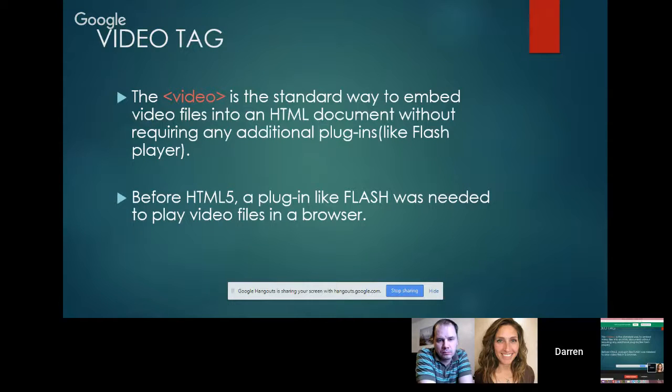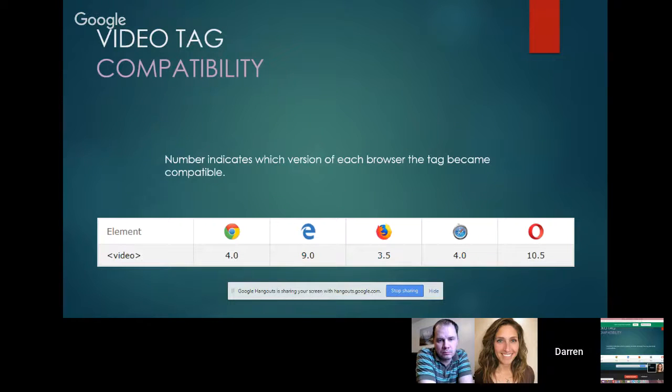But since HTML5, all you need is just the tags for it. Compatibility again, these are the versions. So anything above 4.0 Chrome, you can use the video tags. Anything before that is Flash, and those are the versions of the other browsers that are needed in order to just use the tags.